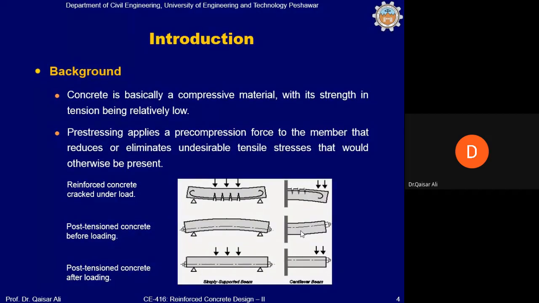So if any concrete member is pre-compressed or prestressed, pre meaning before the application of load, it will be called a prestressed concrete member. Okay. You can see in this figure, in the middle, the beam which is pre-compressed, and then when the load is applied, the beam will either become completely straight, giving no tensile stresses, or there will be some tensile stresses within the limits.